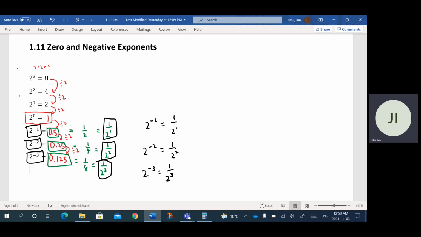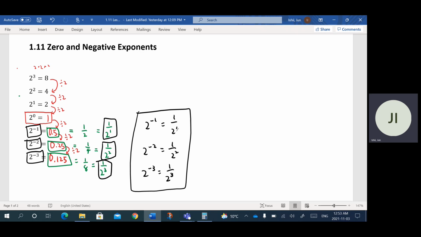So hopefully by looking at this, you can see what negative exponents are. A negative exponent is 1 over the positive exponent each time. 2 to the negative 2 is 1 over 2 to the positive 2. 2 to the negative 3 is 1 over 2 to the positive 3. This will actually continue.